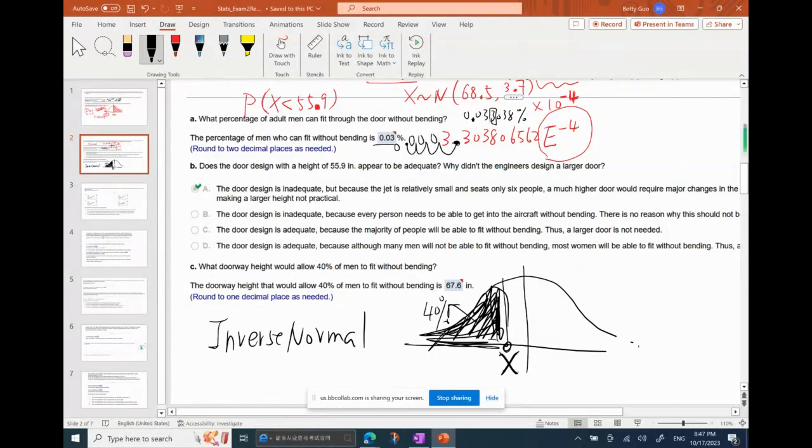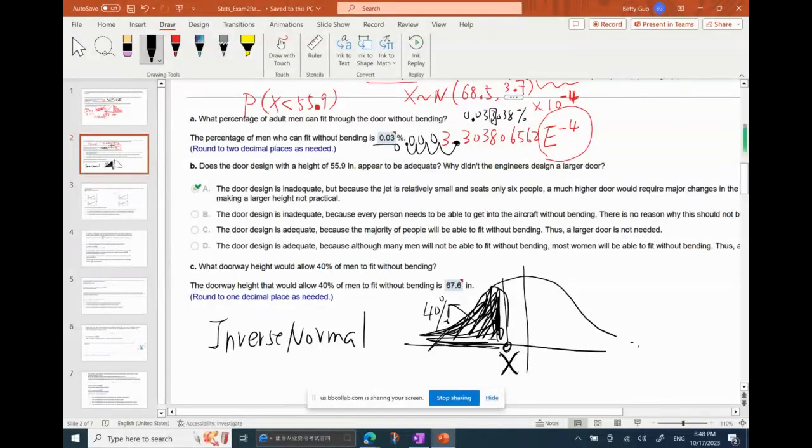All right, get a calculator ready. Go to second verse, inverse normal. Area. Again, the area has to be the area of the region to the left of the value we are looking for. So 40%, 0.4. Mu 68.5, right?